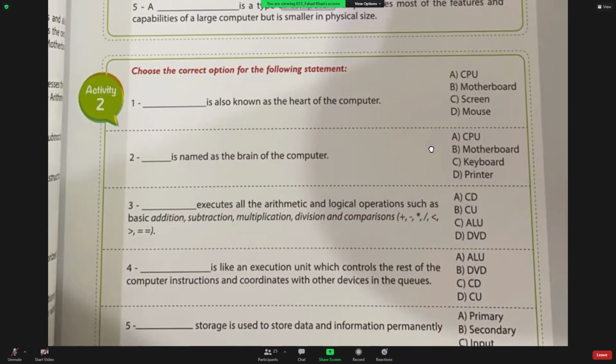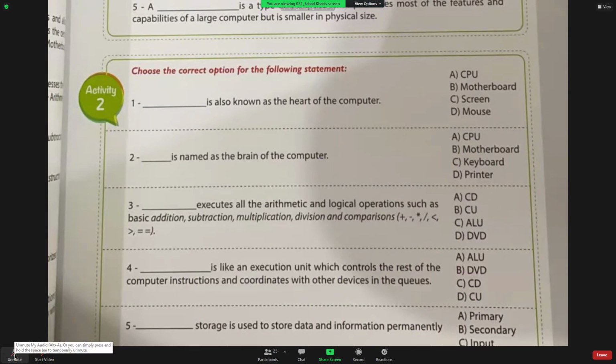Dash is known as the heart of the computer. Which is known as the heart, guys? CPU? Motherboard. It's actually not the CPU, guys. CPU is the brain of the computer. It's the motherboard.